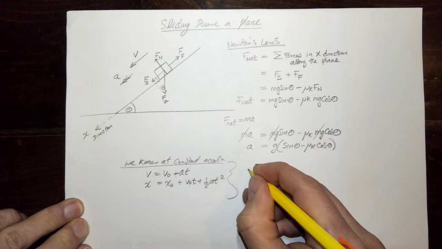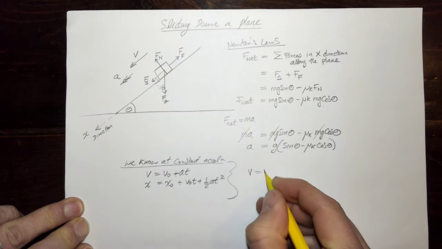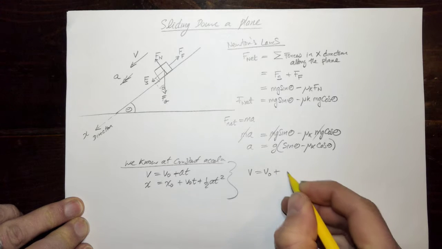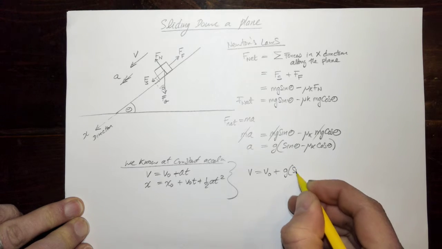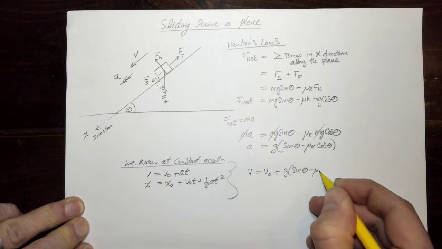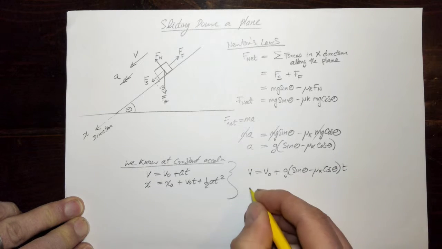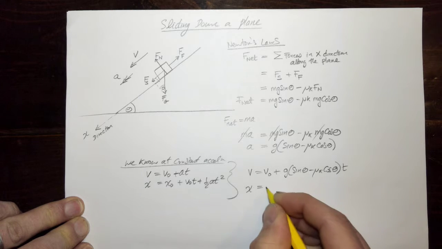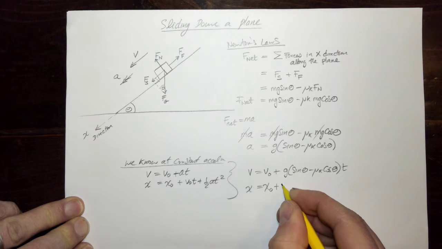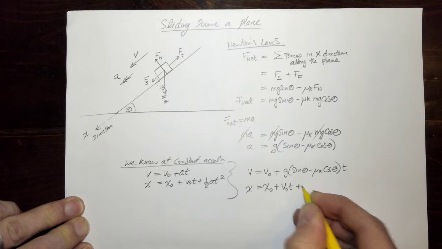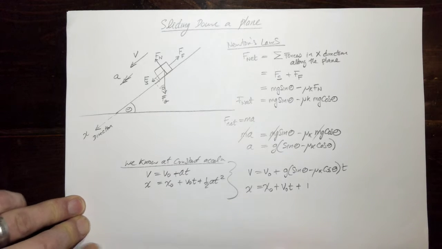What do we get? V then is V naught plus g sine theta minus mu k cos theta, times t. X is X naught plus V naught t plus, or is it plus or is it minus?